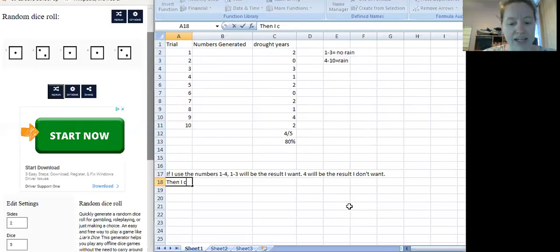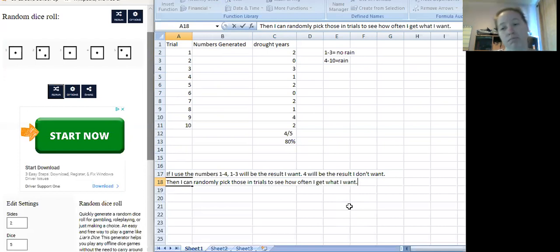Then I can randomly pick those in trials to see how often I get what I want. It's a weird way of explaining it.